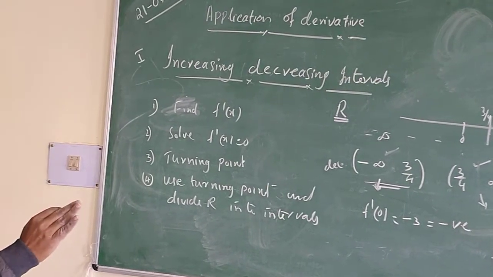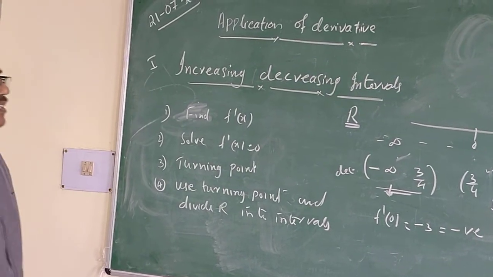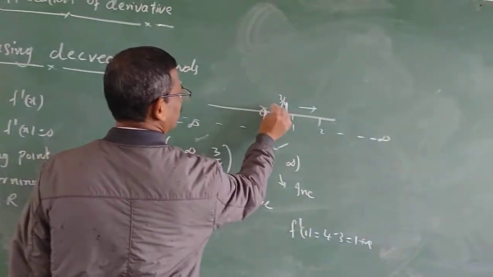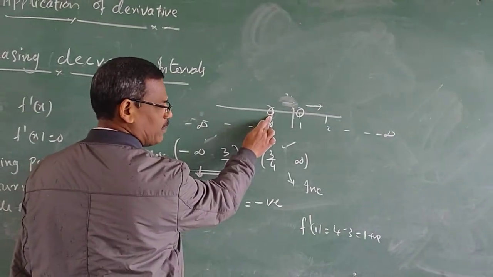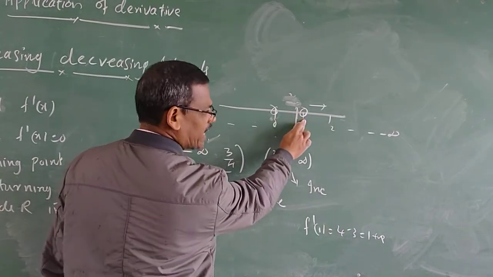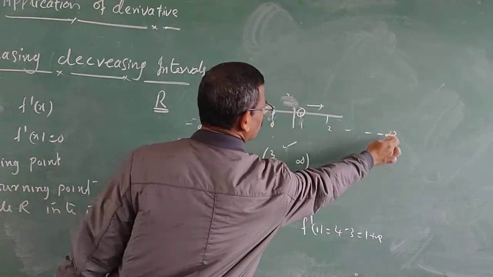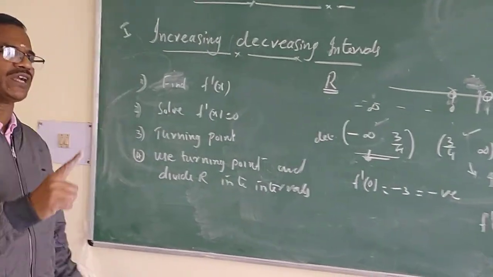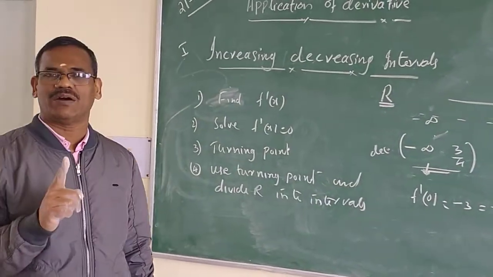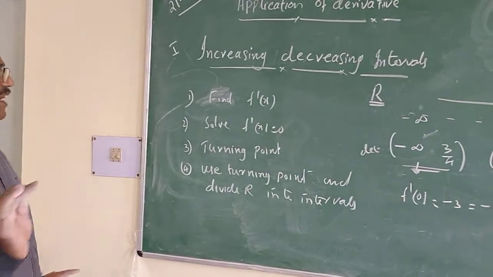If you have two turning points, you will have three intervals. Suppose I have 0 and 1 as the two turning points. So minus infinity to 0, one interval will be there, and 0 to 1 another interval will be there, and 1 to infinity another interval will be there. So if one turning point, you will have two intervals. If two turning points, you will have three intervals, etc.